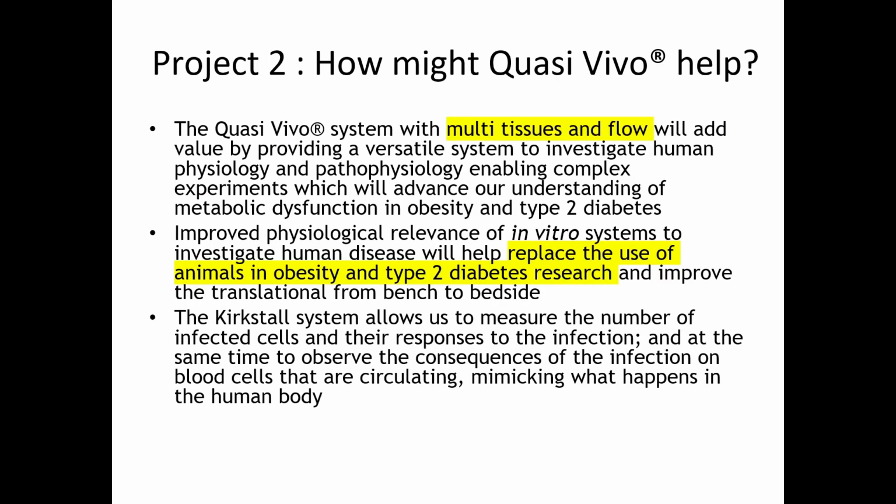Moving on to what they're hoping to get in terms of benefits: clearly, by growing multiple different tissues and connecting them by flow, that gives them the ability to build quite a complex model. And again, using human cells, they'd like to build models which can replace the use of animals in obesity and type 2 diabetes research.